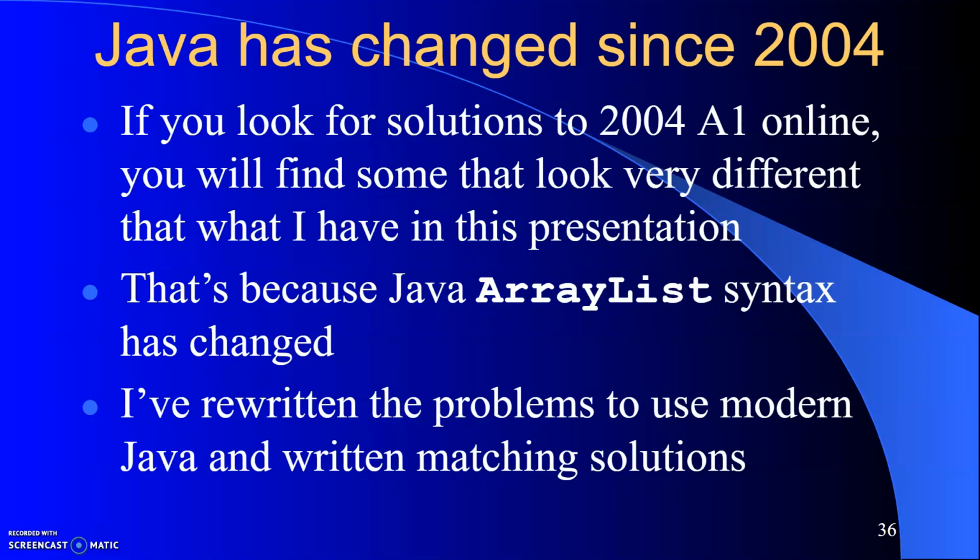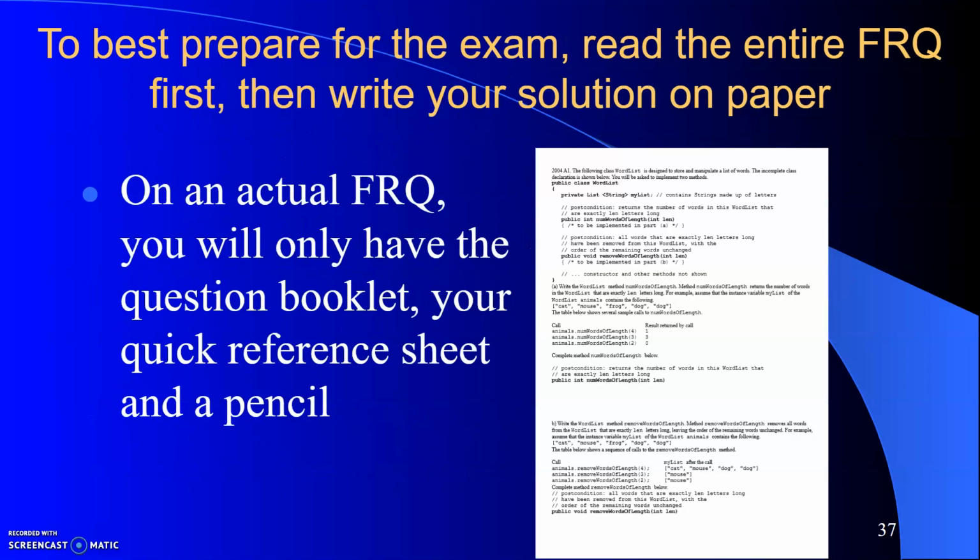Don't just go off on the internet and start looking for answers, because you're going to find stuff that doesn't make sense anymore. So to best prepare, you're going to want to read the problem. There's a link to it on Google Classroom. Take your time to read through the entire FRQ. You're just going to be writing 2 functions, numOfWordsLength and removeWordsOfLength.